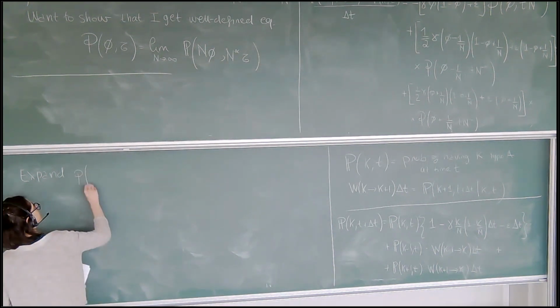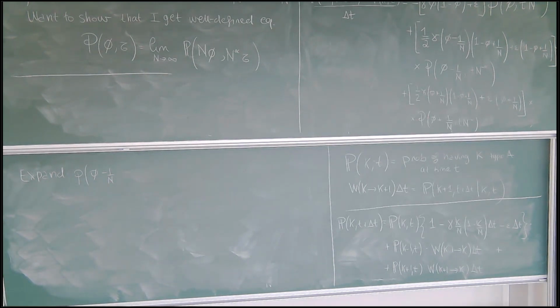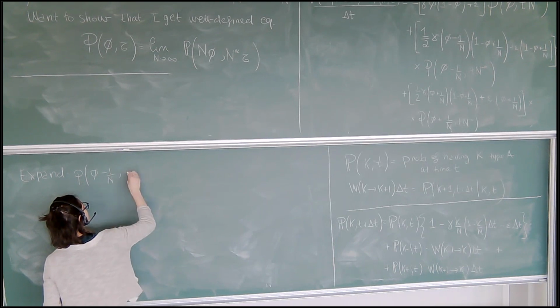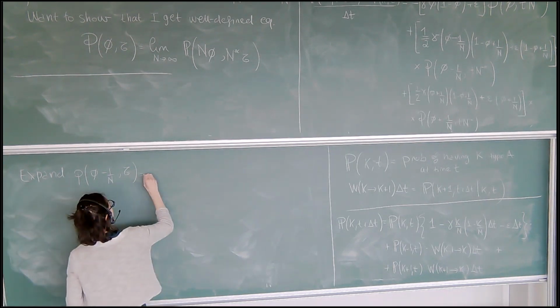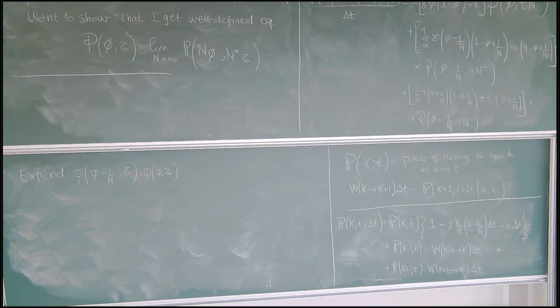Whenever you have p of phi minus 1 over n, and t to the n minus alpha, which I will later on call tau, you will write this as p of phi, tau, and you're happy with that.